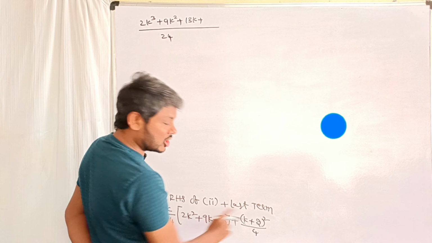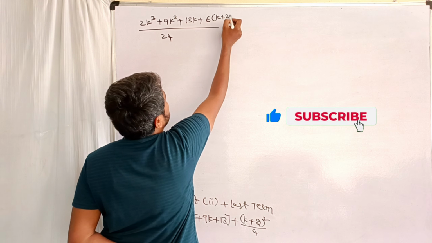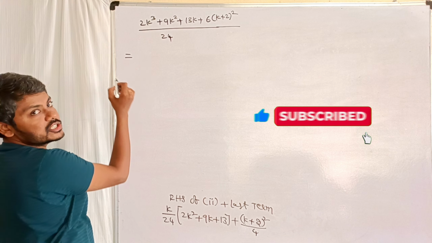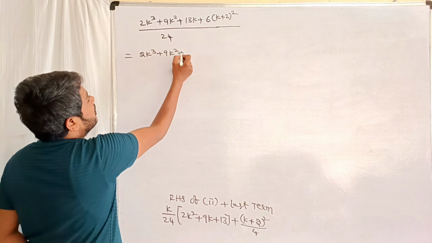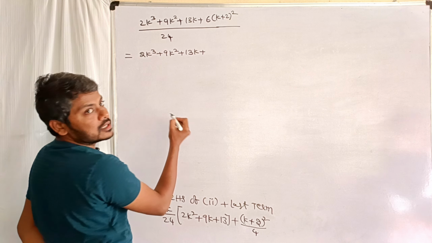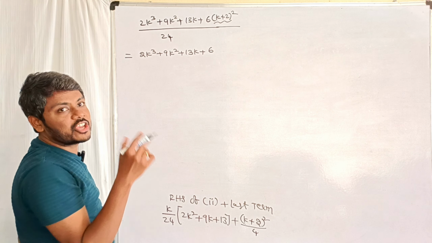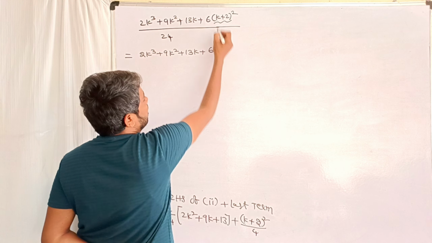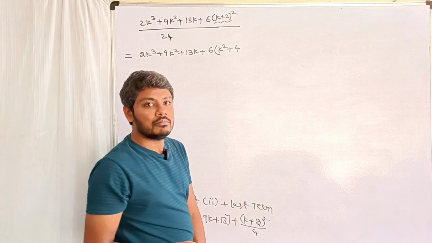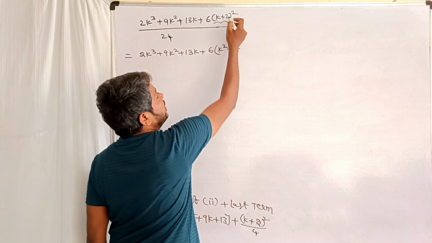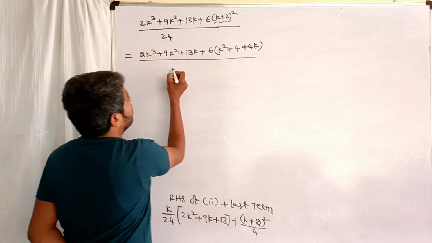Means multiply 6 with (k plus 2) whole square. 6 into (k plus 2) whole square, that is in the form of (a plus b) whole square: a square, that is k square, plus b square, that is 2 square, 4, plus 2ab, that is 2k into 2, 4k. Which is divided by what?